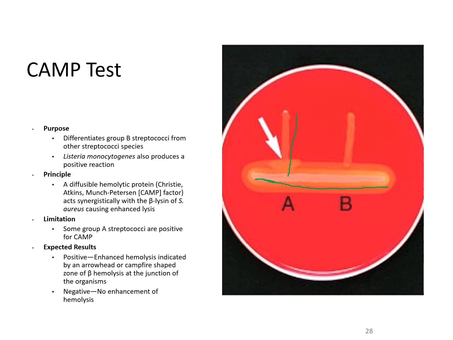And then after it has been streaked, you will incubate it. And what you're looking for is an enhancement to that hemolysis. And so what it will do will create what we call an arrow or a campfire type appearance, where it kind of expands out with that hemolysis.